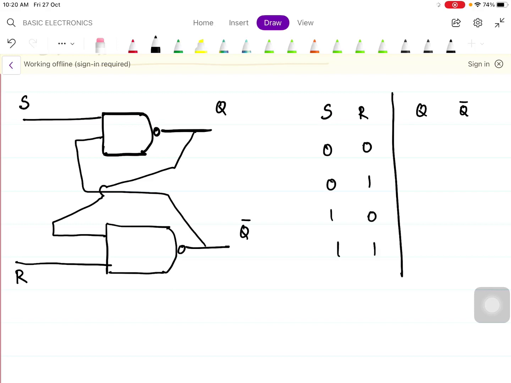Whatever truth table we learnt for the NOR gate will be reversed here. The 0, 0 combination is the not used one, and 1, 1 is the memory part. For 0, 1, where reset is activated, the output will be 1 and output bar will be 0, and where set is activated, output will be 0 and output bar will be 1. So this is the truth table of the SR latch using NAND gate.